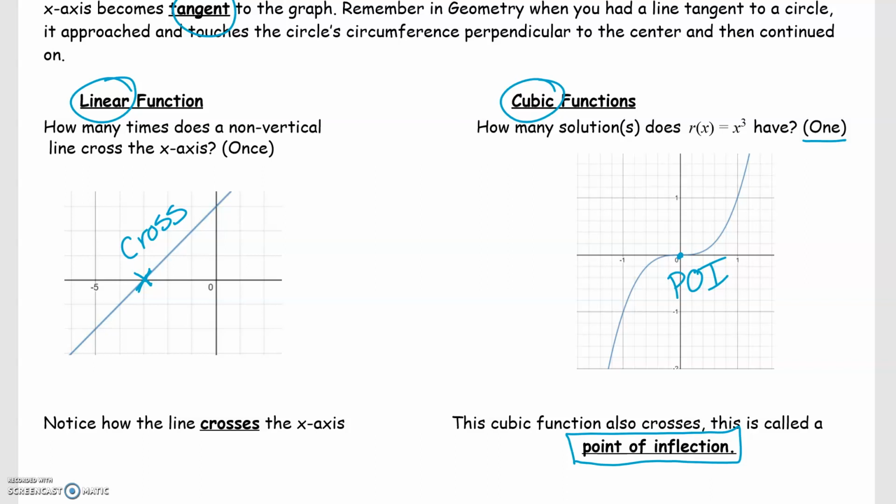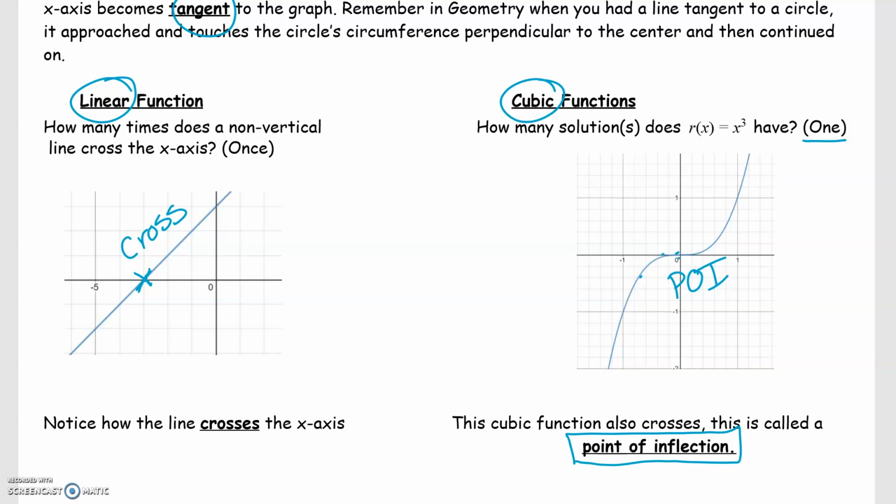Later on in calculus, you're going to find the first derivative of this curve, and it's kind of cool because the first derivative is just really finding the slope at a particular point as you go along this graph. And so notice how it's going to be on this side as we approach 0, okay? But as we go past that point of inflection, it's going to continue to go on the other side. So you're going to end up finding the slope of the other side of the line. And that's the point of inflection, or the definition of what that is.